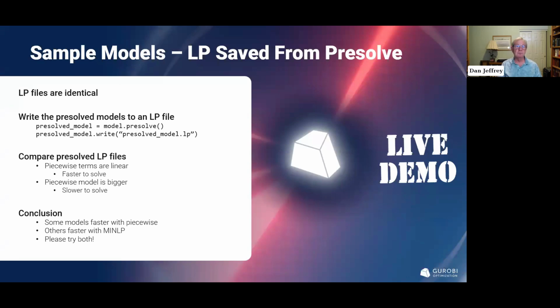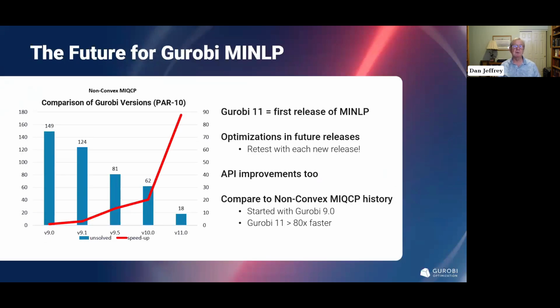No, not always, and especially in this first version, I think it's good to experiment and see which one is going to be faster. But as time progresses, we can take heart from the past experience we've had in the non-convex MIQCP solver that Gurobi released in version 9. We could see that the performance improved radically there.